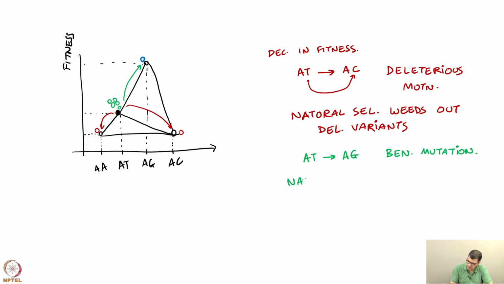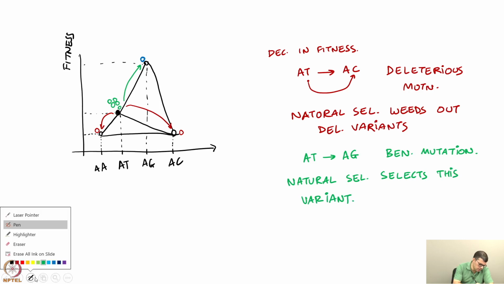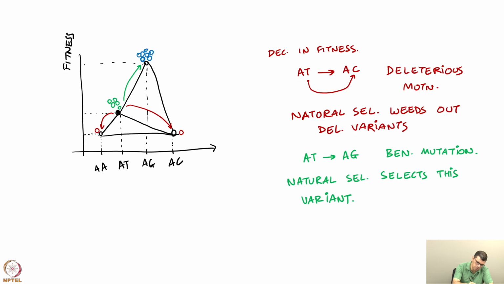And natural selection selects this particular variant, and as a result of this, the progeny of this individual are going to outcompete the progeny of the ancestral population, which will be outcompeted by the AG genotype.